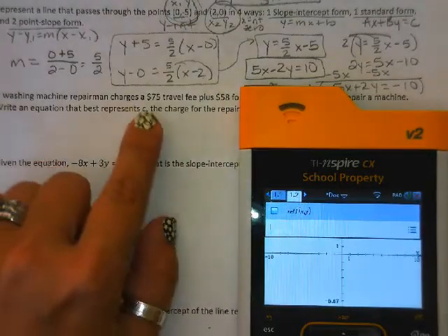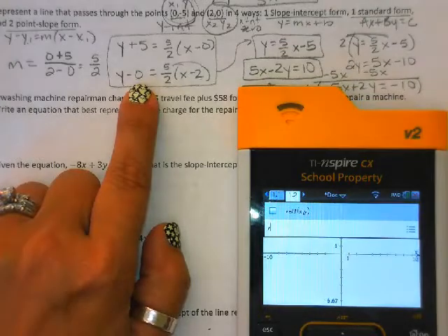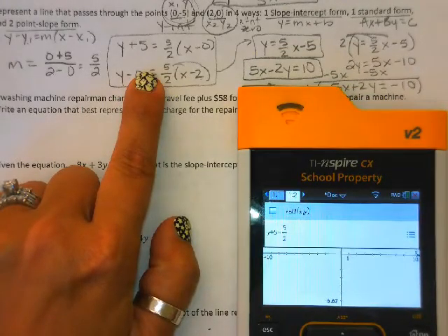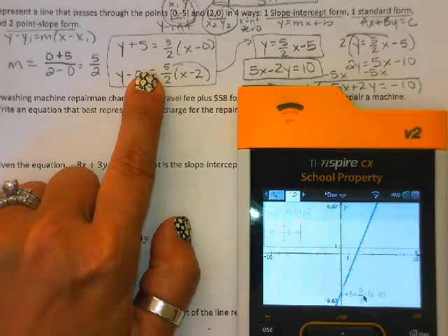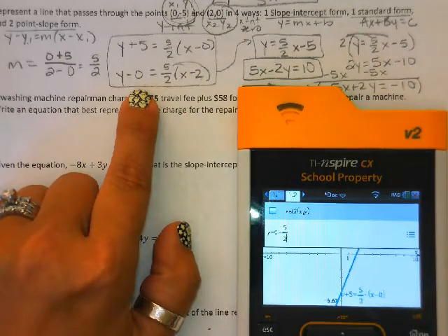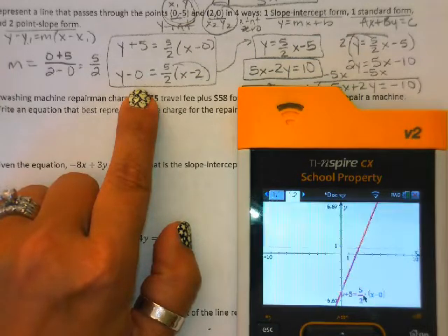So I'm already in a relation. So y plus 5 is equal to 5 over 2, parentheses, x minus 0. I can say y minus 0 is equal to 5 over 2, x minus 2. Again, it overlaps.